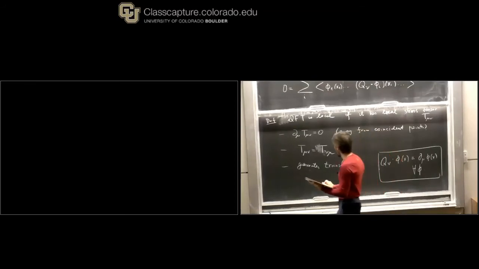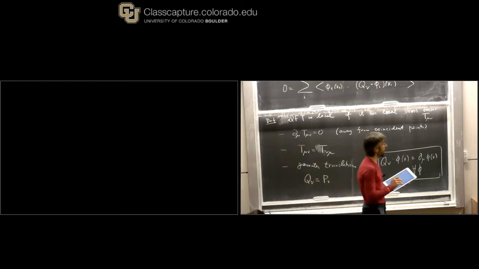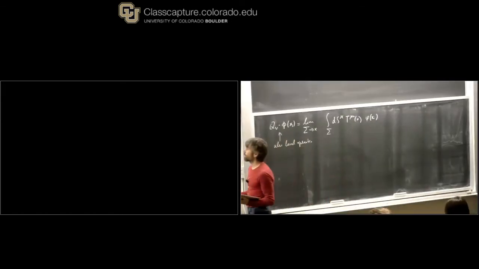So in other words, q nu is equal to p nu, the generator of translations. Okay, so this is my assumption. I think it's a pretty minimal assumption.